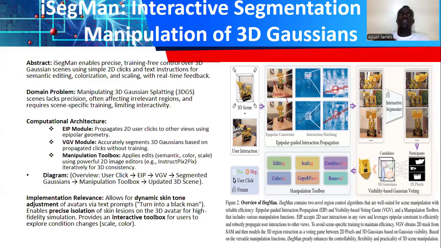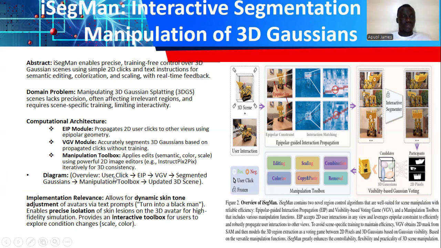We can just modify it from there. This is where the editing comes in, the manipulation toolbox, whereby we can edit scaling, combination, coloring, and then copy and paste, and then removal, okay? We shall not use most of this, but we shall use editing, colorization, scaling, and combination, and then probably copy and paste.